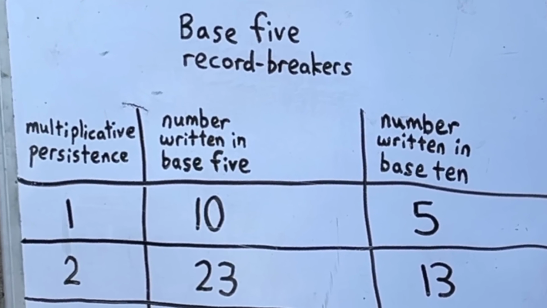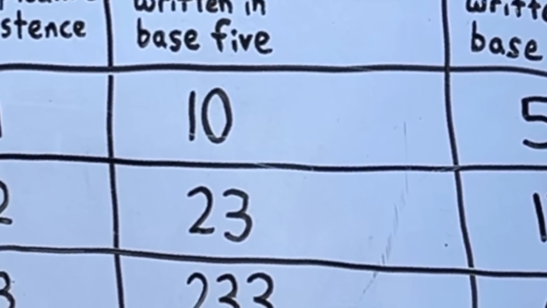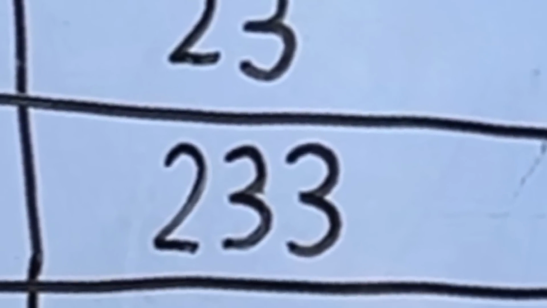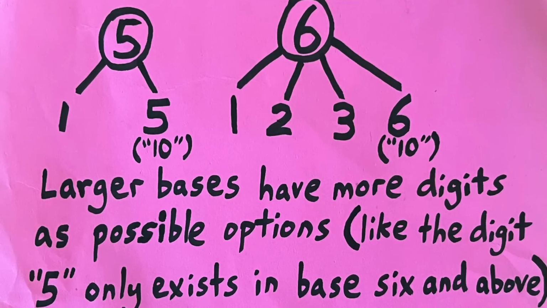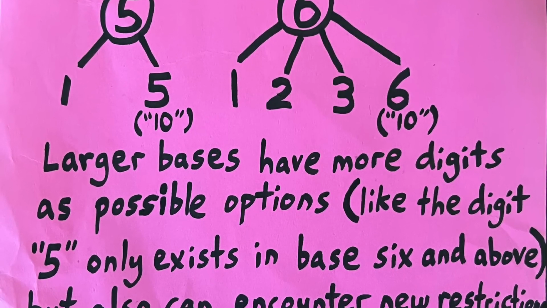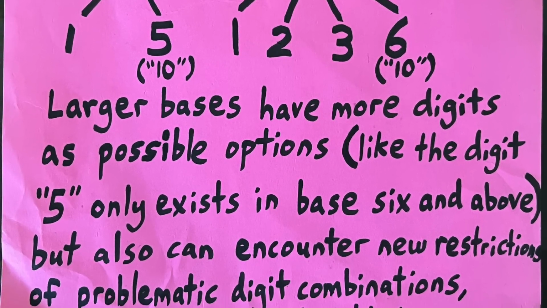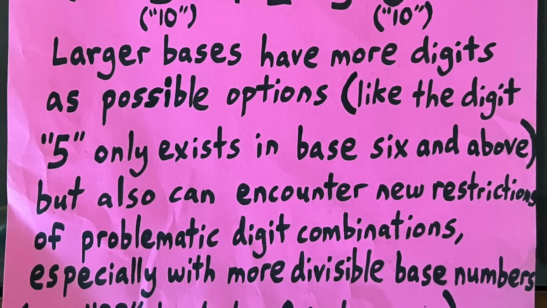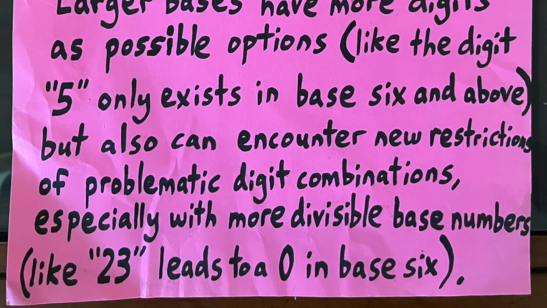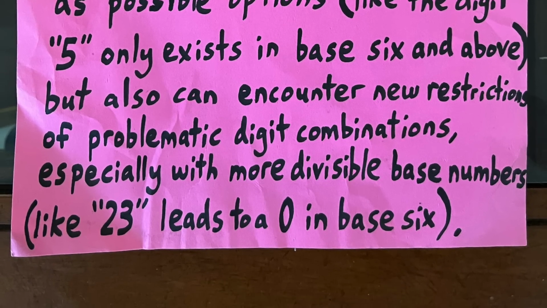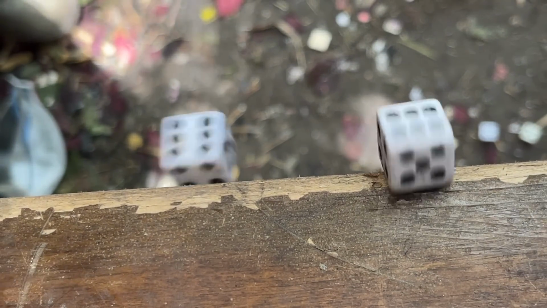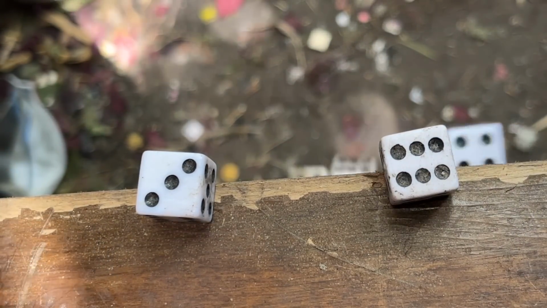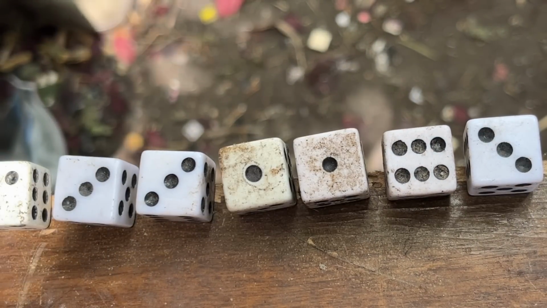Although base 5 could have record breakers containing both the digit 2 and the digit 3, any number containing a 2 and a 3 in base 6 will have those digits multiply to the base number 6, leading to the product ending in a 0 and the product of the product being 0, making that number have a maximum multiplicative persistence of 2. So there are more combinations of digits that need to be avoided with highly divisible base numbers.